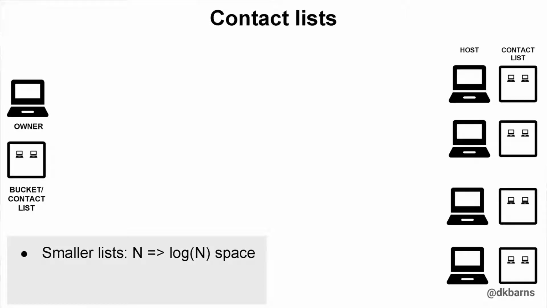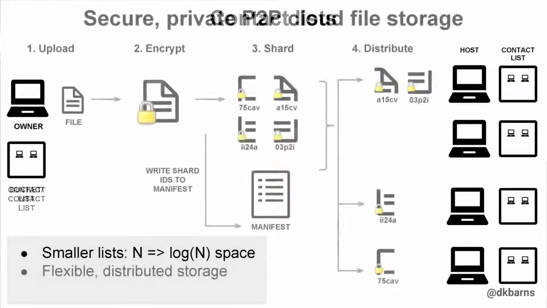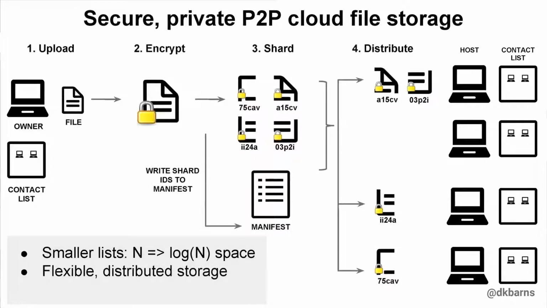We've implemented Kademlia. It's going pretty great. And here we've got the first benefit. We have smaller lists or buckets or whatever we want to call them. This was the master list idea before. And now, instead of having n size lists, we have log n. So that's a big improvement. And this has allowed us to also distribute storage across the network, which has increased its flexibility.